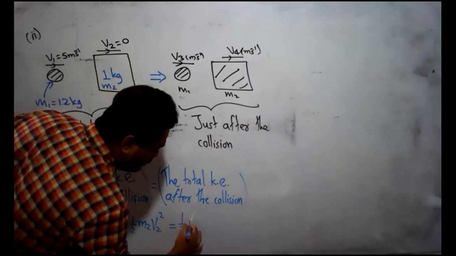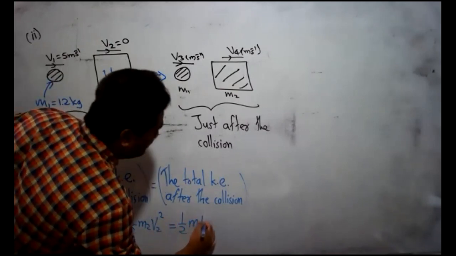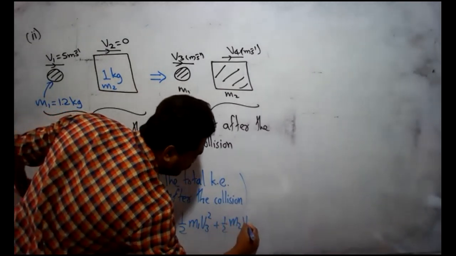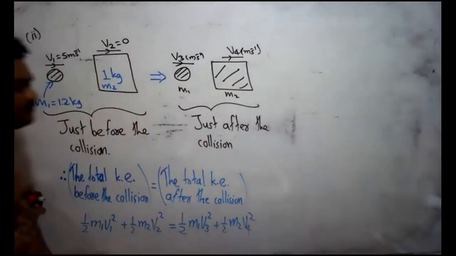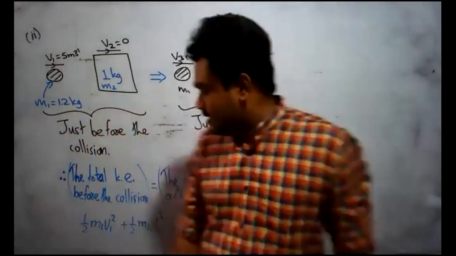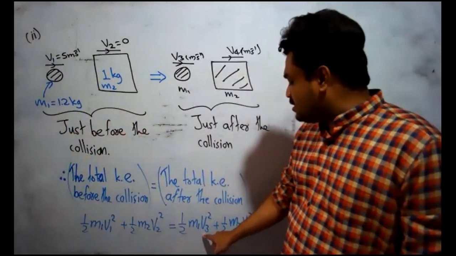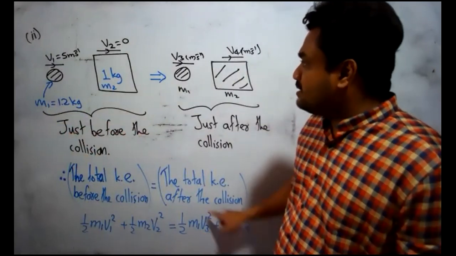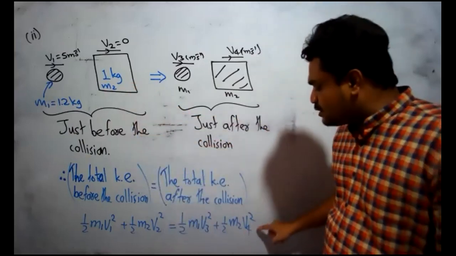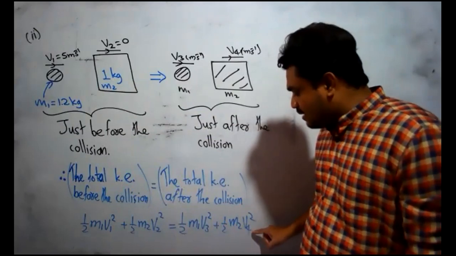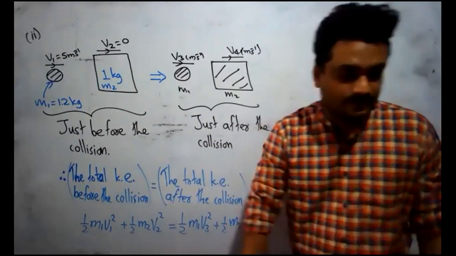Total kinetic energy after the collision is half m1 v3 square plus half m2 v4 square. Can you do the rest and try to subject v4 square? Substitute the values given in the question and give a try.